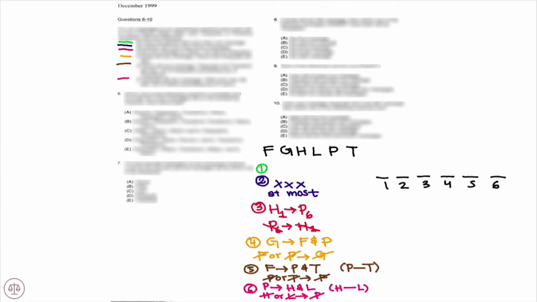We see that if Greta is going to leave a message, then we know that Flor and Pascal are going to leave a message. Now, we know from rule number 5 that if Flor leaves a message, then Pascal and Theodore are going to leave a message with that order of Pascal preceding Theodore.